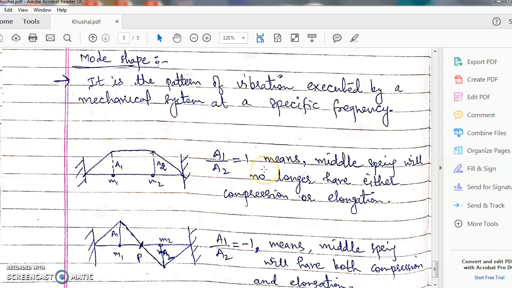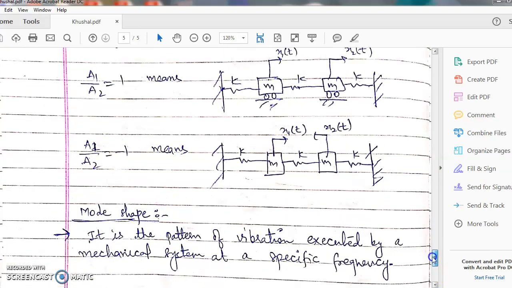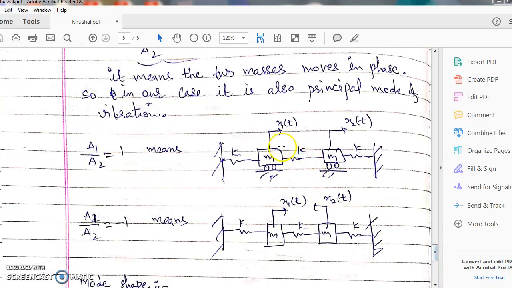It means the middle spring will have neither elongation nor compression. In the diagram you can understand. Either they move in the right direction or the left direction, then this spring will not have any compression or elongation.